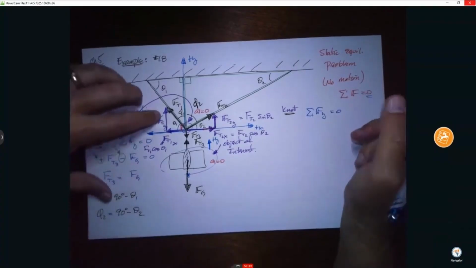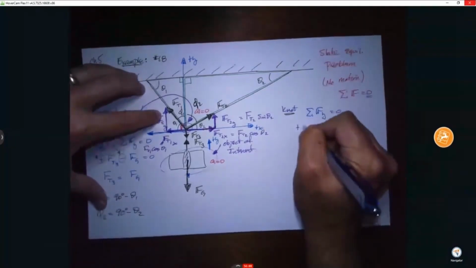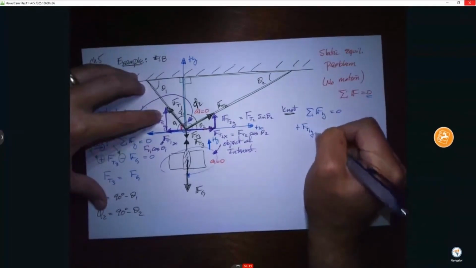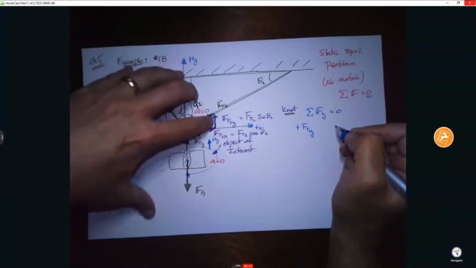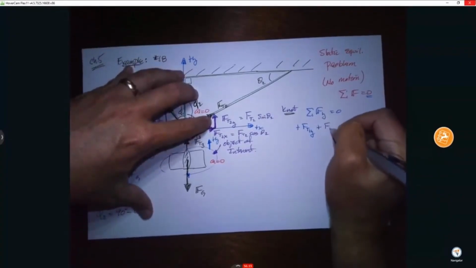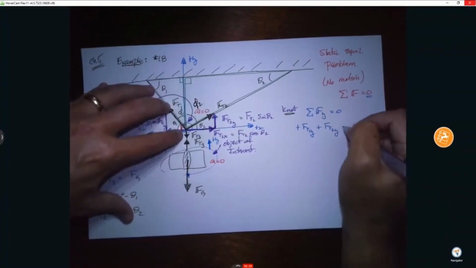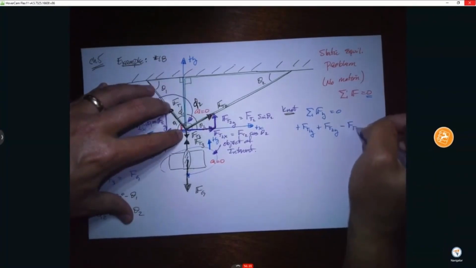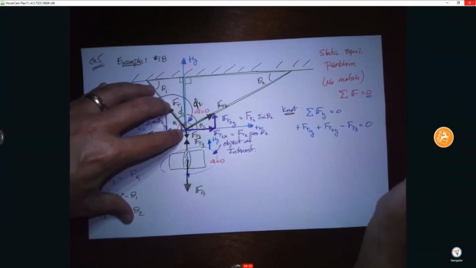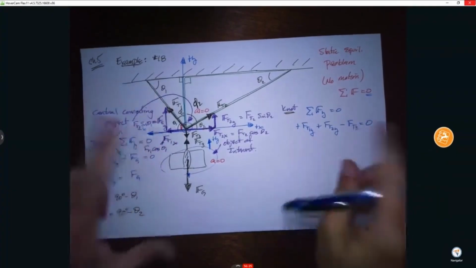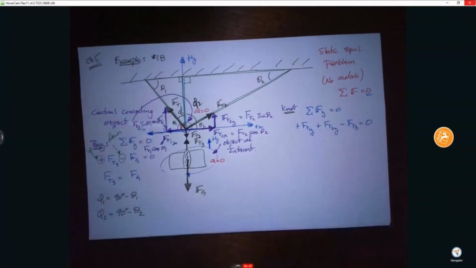Then what we're going to get is I get this force tension 1. The Y component goes up. I have this one plus the force tension 2. The Y component goes up. But then I have this force tension 3 goes down. Okay, so I put them in so I can focus on the directions up and down.